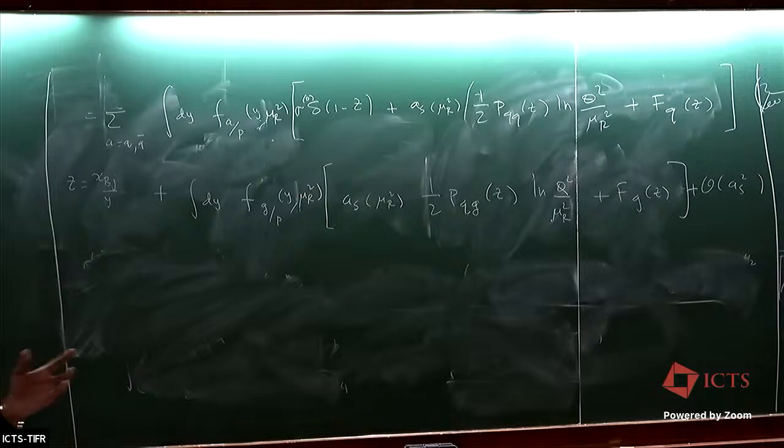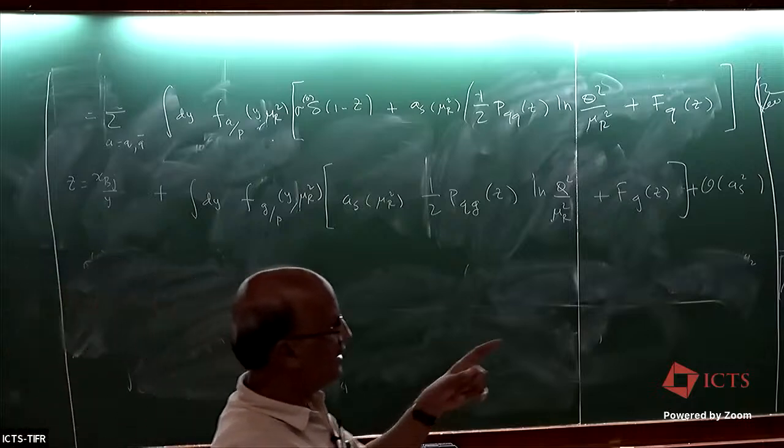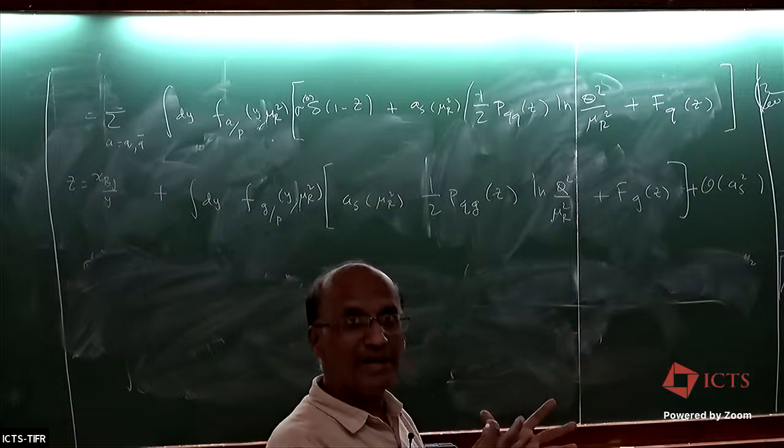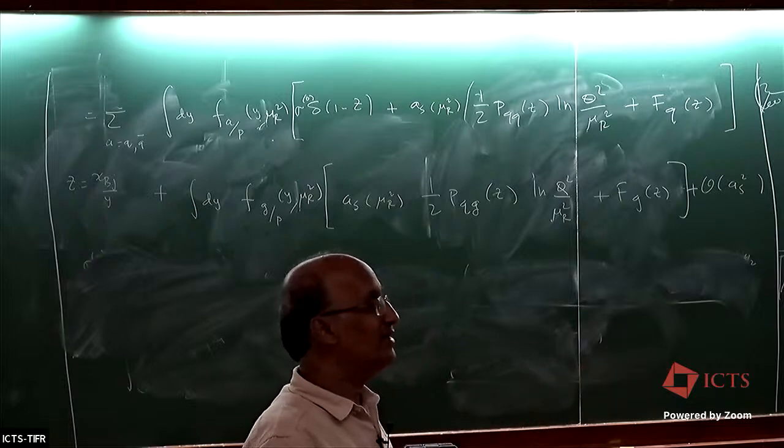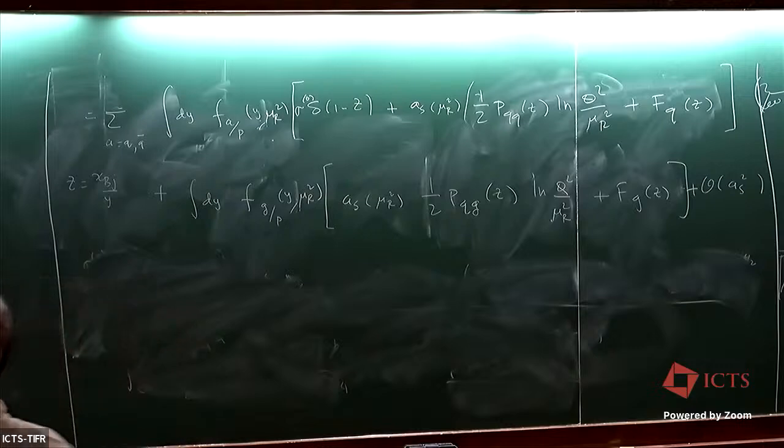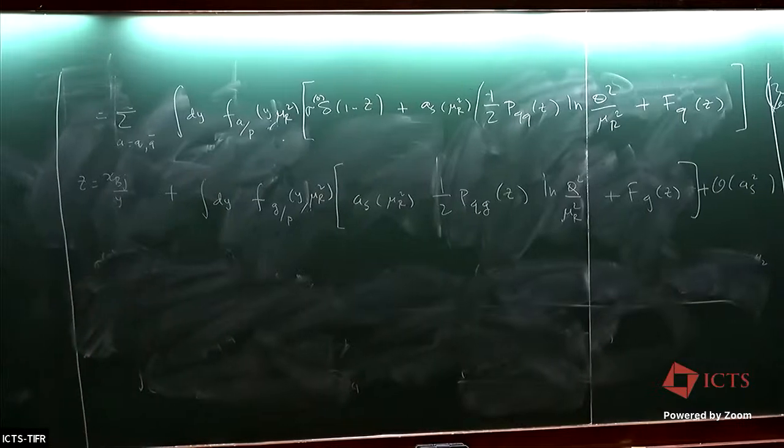Now I wanted to show, as I said, that by redefining your parton densities, you can get renormalization group equations. How? I take this formula.